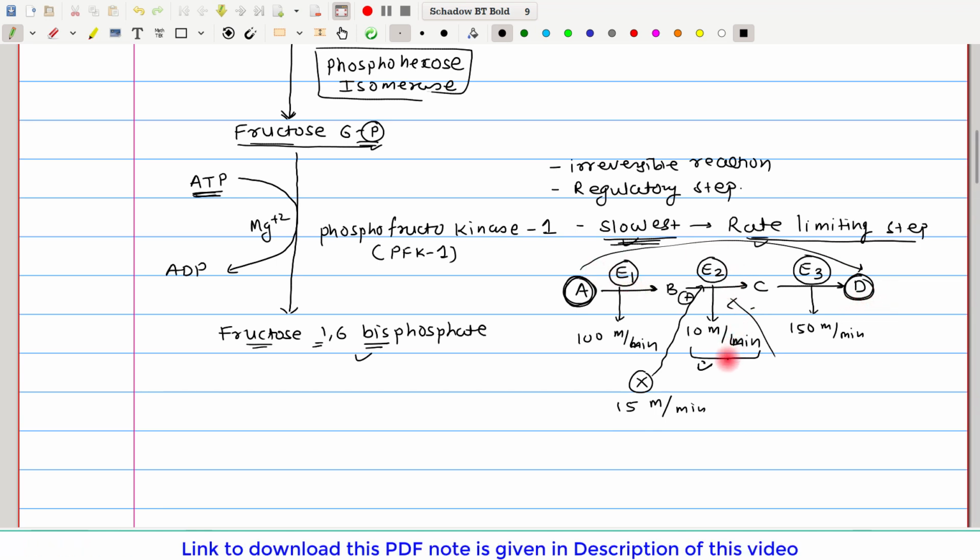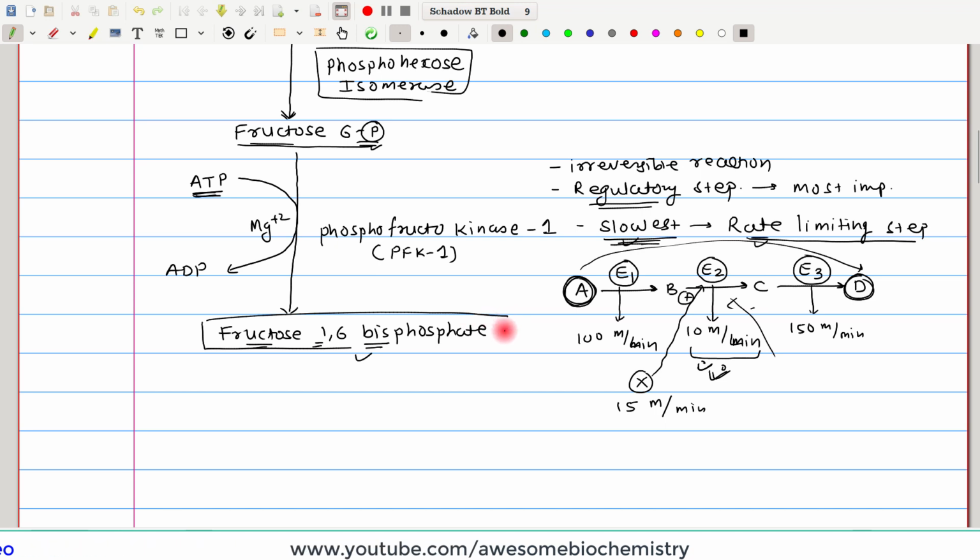So, the most effective regulation occurs at this rate limiting step. Of course, in glycolysis there are a total of 3 regulatory steps, but this particular step is going to be the most important regulatory step. Now, once fructose 1,6-bisphosphate is formed, it has only one commitment, that is glycolysis.